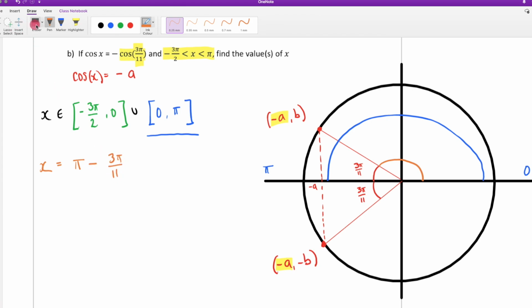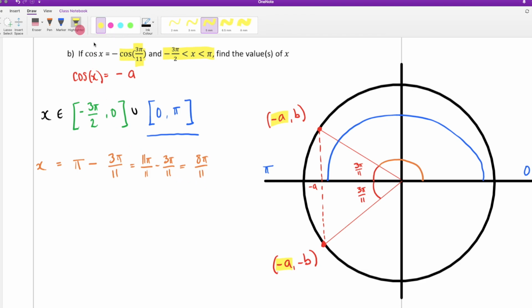That x is just so ugly, I need to kill it and redraw it. That's a bit better. So if I want to find what my x will be to get me negative a, I just need to figure out what this angle is. And it's obviously going to be pi minus 3 pi on 11. So I could rewrite this as 11 pi over 11 minus 3 pi over 11, and that's going to be equal to 8 pi over 11.